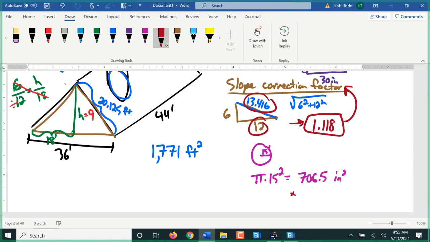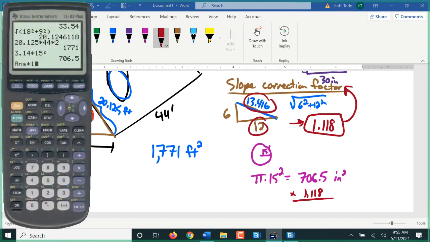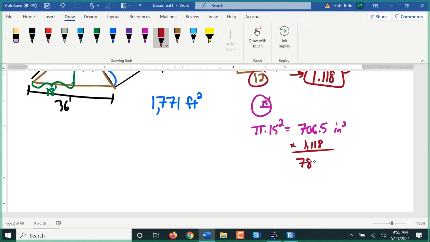And I have to multiply that by that 1.118 slope correction factor, because that 706.5 square inches would be the area on a flat surface. It gets elongated and enlarged down the slope, so it's 789.87 square inches.